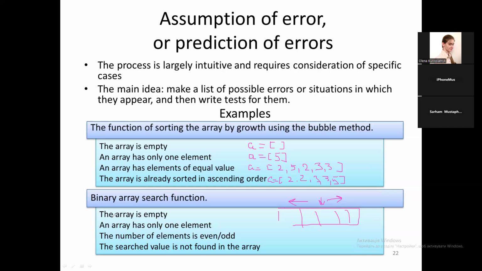It is an interesting variant because I need to divide all elements into two parts, and the result of division is 1 or 0, and for these different cases I need to check how my function will perform this division. And the last, the searched value is not found in the array.